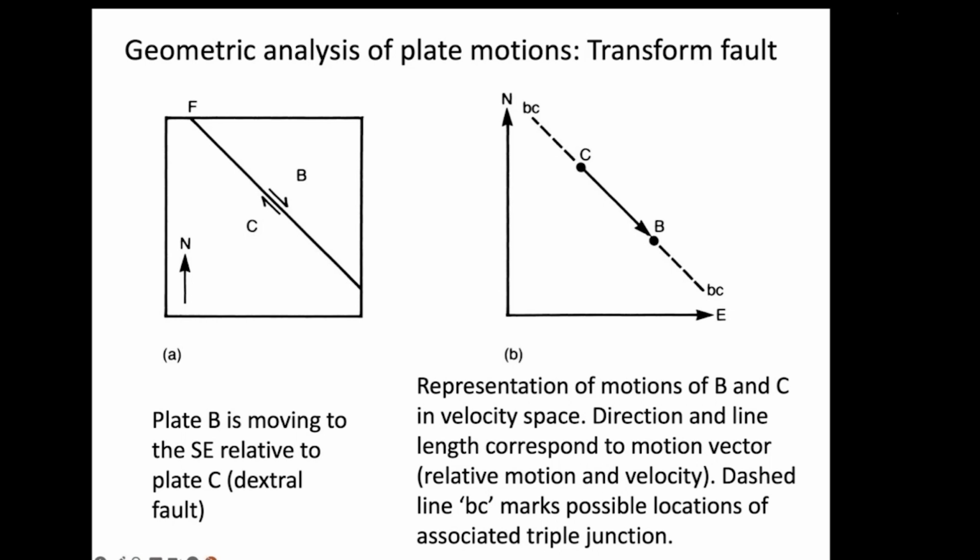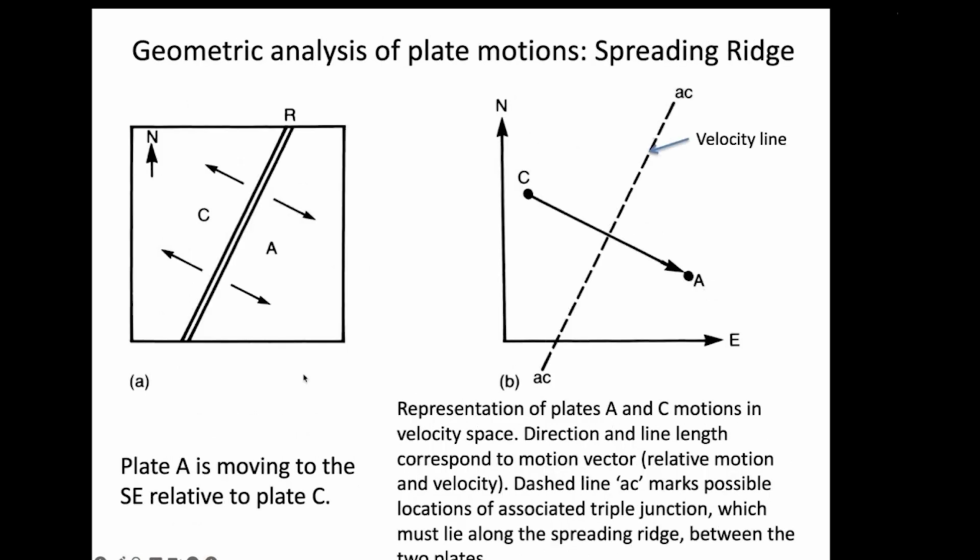I'm just going over what's in the book. And then this is the spreading ridge velocity analysis. C and A are moving apart orthogonal to the trench. We would show it like that. This would be capturing the full rate of spreading, whereas each of these arrows is a half rate, the way we've been discussing it earlier.